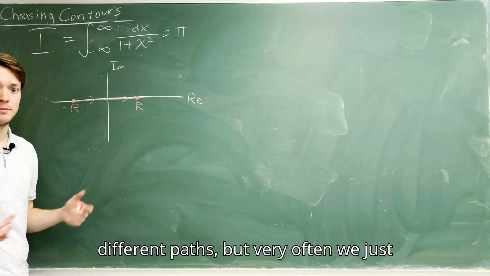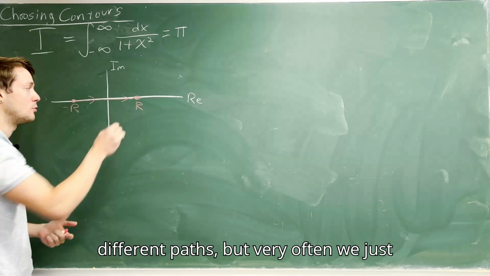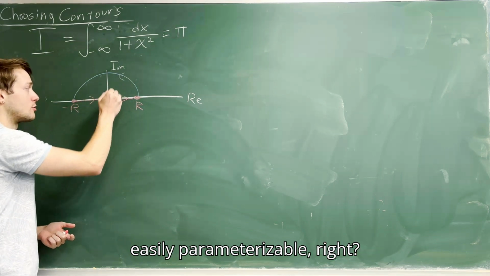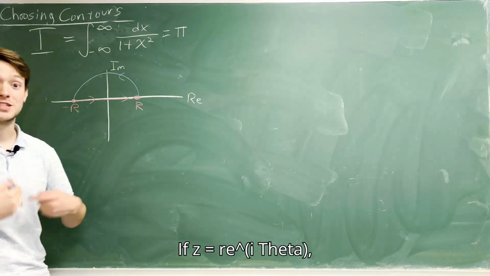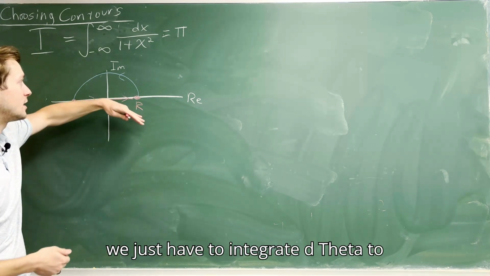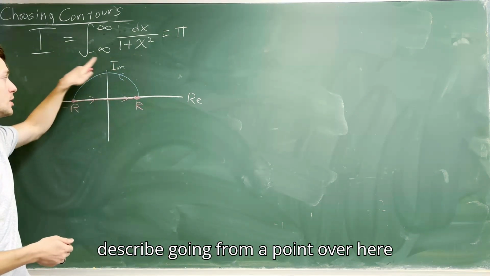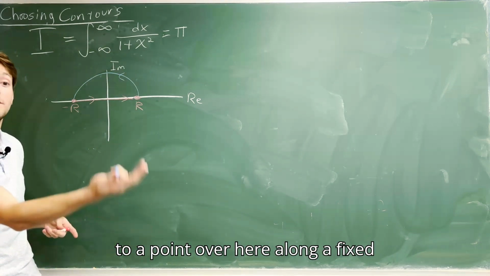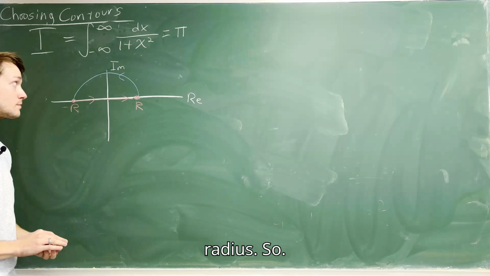You could do many different paths, but very often we just like to use circles because they're very easily parameterizable, right? If z equals r e to the i theta, we just have to integrate d theta to describe going from a point over here to a point over here along a fixed radius.